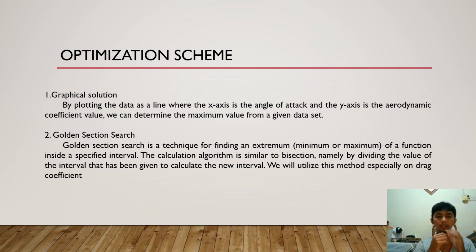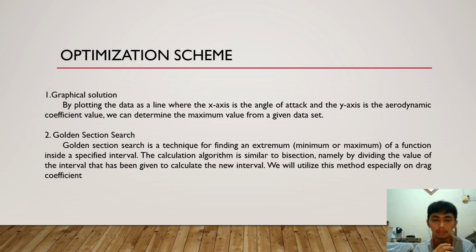Then the second one is the golden section search. It is a technique for finding the extremum. Extremum includes the minimum or maximum of the function inside a specified interval.